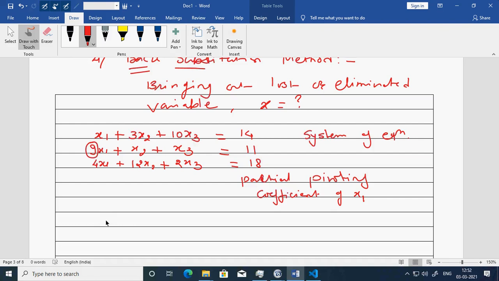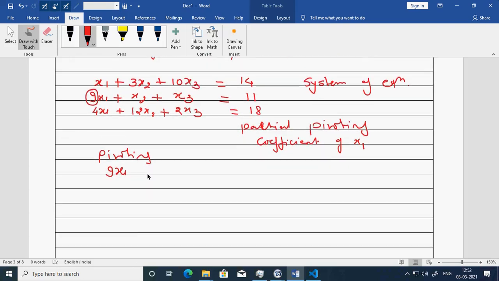So I write that equation as, since I am doing a process called pivoting, 9x1 plus x2 plus x3 is equal to 11. That becomes my equation number 1. Once this is done, the next target is x2. One by one I am doing each variable.